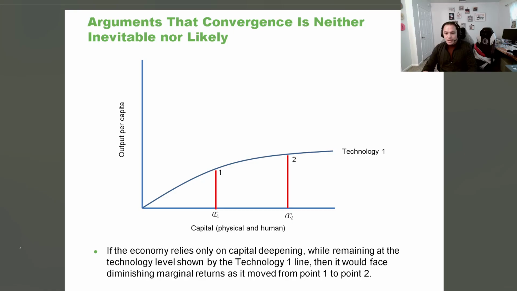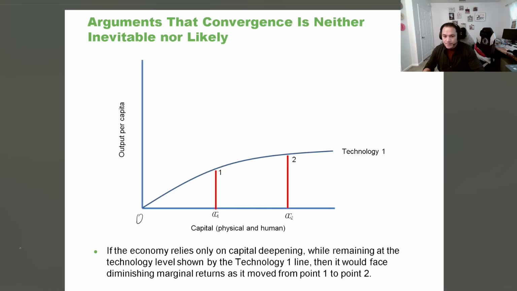What we'll note is that with these early entries, we have these points here, 1, 2, let's call this point 0. As we move away from the origin, as we increase the amount of capital deepening, or put our physical and human capital into the production process, we get pretty big returns with respect to our output per capita.